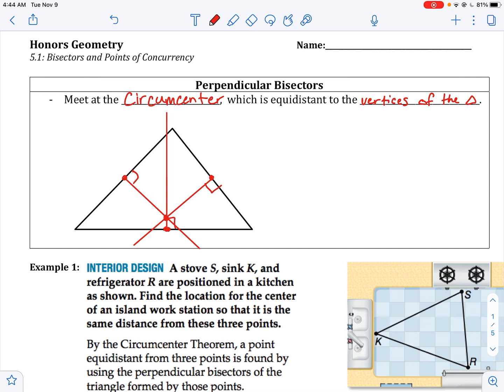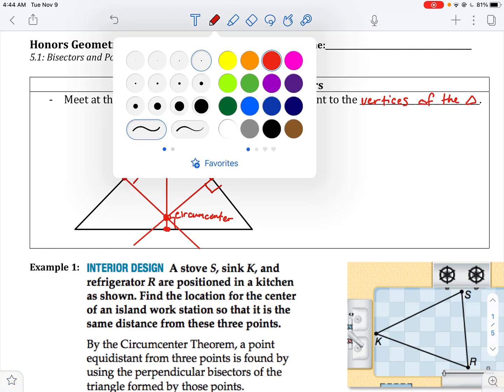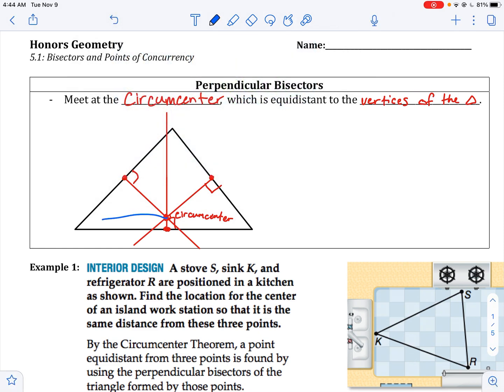and they should all cross at a single point, and that point there is the circumcenter. So that circumcenter, if I were to measure the distance between this point and one vertex, it would be the same distance from that point to either of the other two vertices.